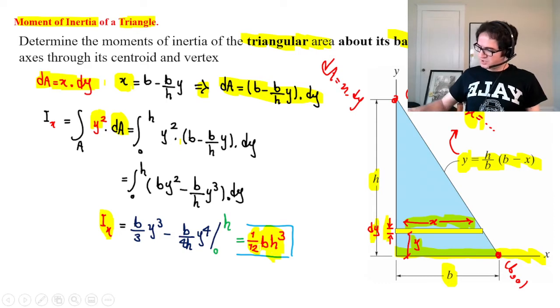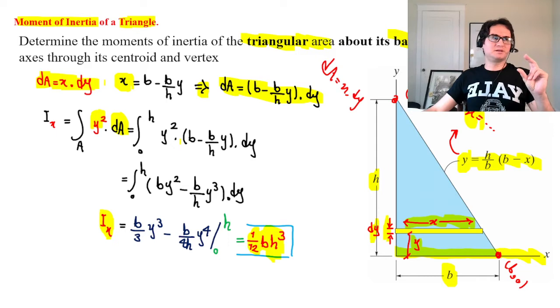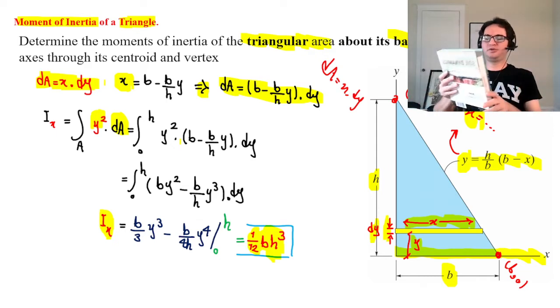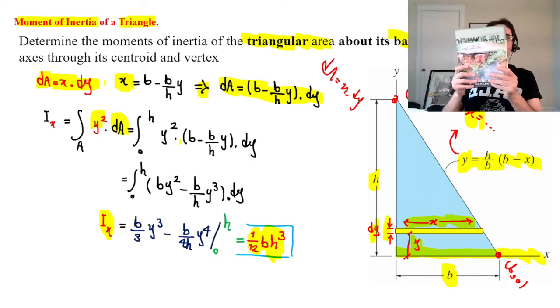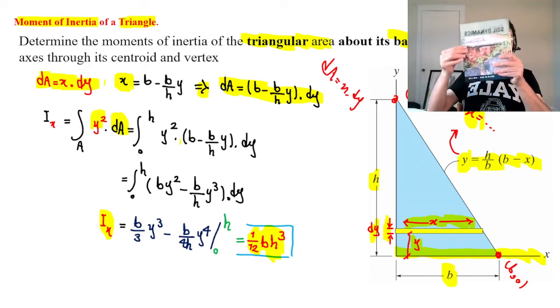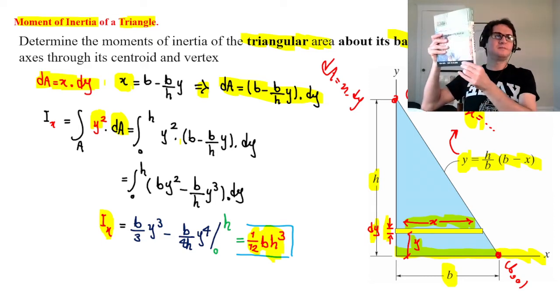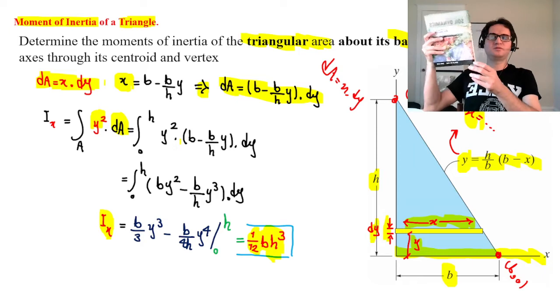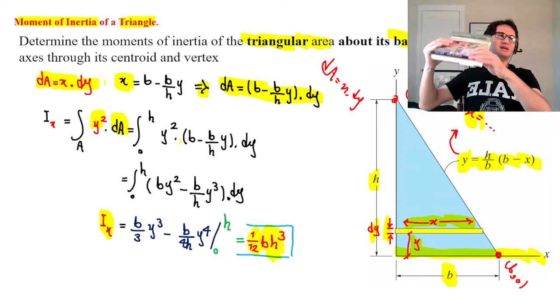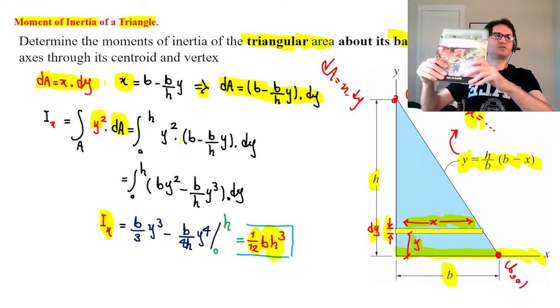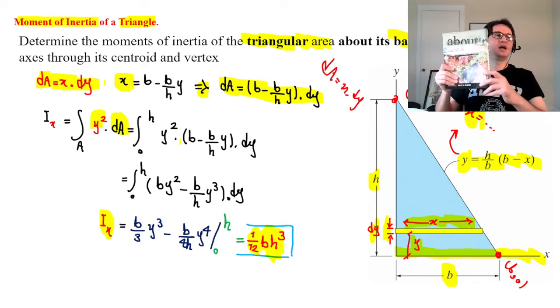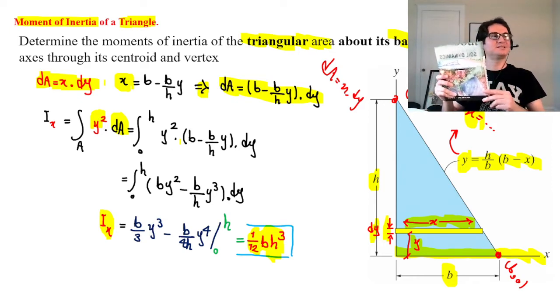But it makes a small confusion. If I have a book in my hand with height h and width b, and I rotate it about the x-axis, it gives me a moment of inertia of 1/12 base cubed height.